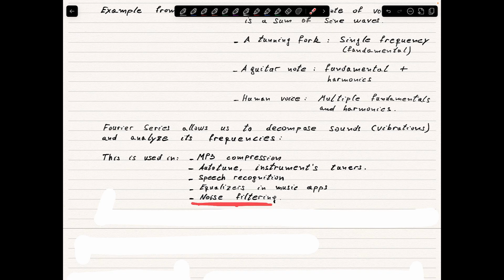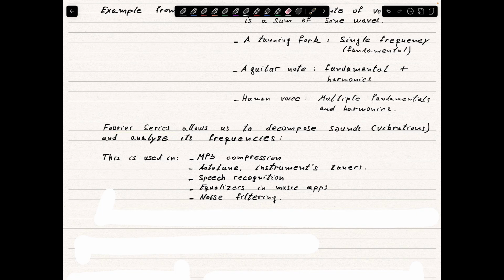Noise filtering: you split the original sound in Fourier components, identify the components of the noise, delete those, and then you have the sound without this noise, and it sounds much better. So all these things are possible with Fourier series analysis.